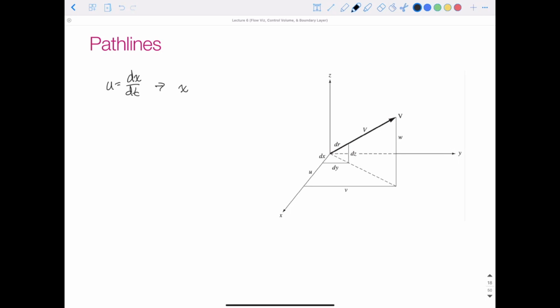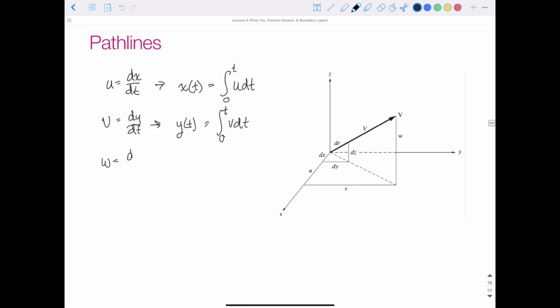So we can rearrange it. x as a function of t is going to be equal to the integral of u dt. And then likewise, for our y component of velocity, dy/dt, we can get an equation for y as a function of time, which is the integral of v dt. These are all integrals from 0 to t.